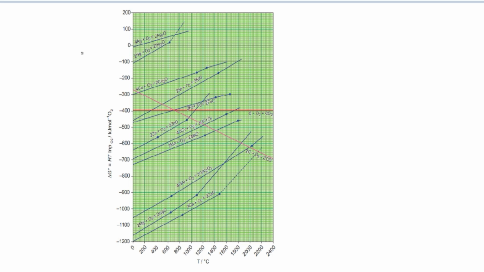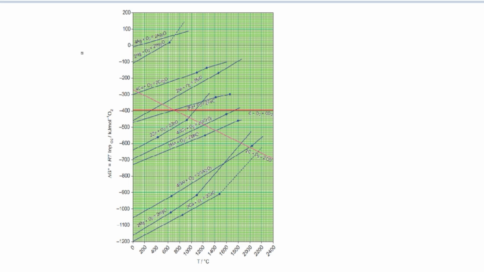Generally, a metal for which the standard free energy change for the formation of oxide is more negative can act as a reducing agent for a metal for which the standard free energy change for the formation of oxide is less negative.